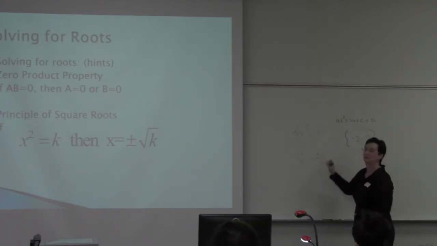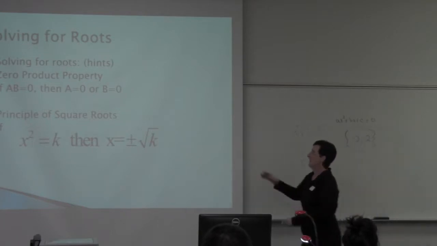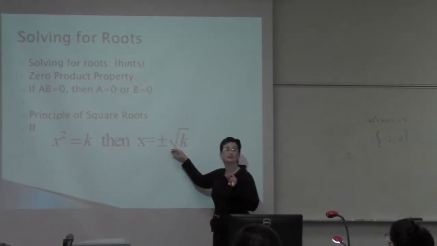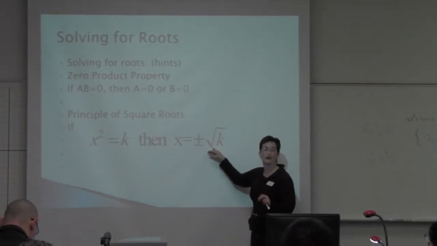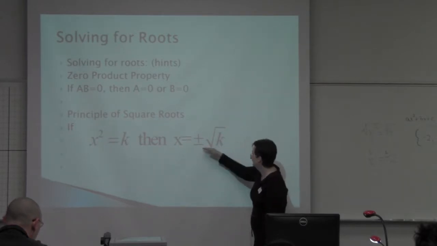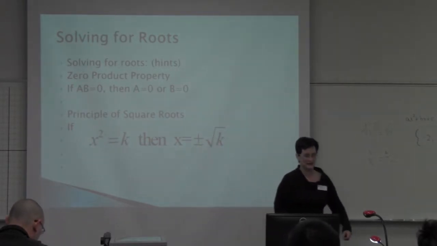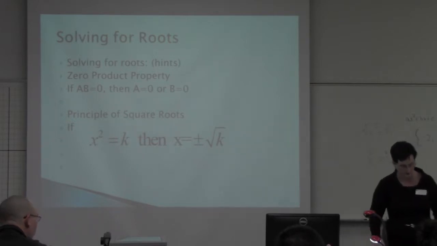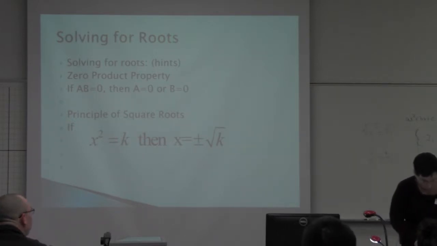It is plus or minus. All right, so back over here. Whenever we do the square root method, write yourself a note. I will not forget to write plus or minus. Every time you do the square root method, you have to do plus or minus.